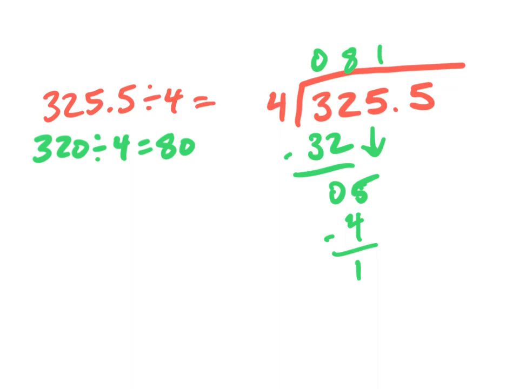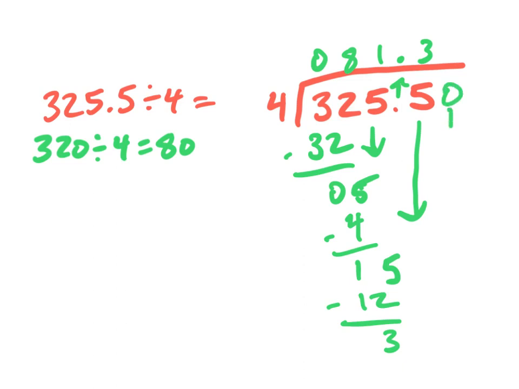I'm left with 1. Now it's super important that I float the decimal straight up before I bring down the 5. Now 4 goes into 15. Let's see, 4 times 3 is 12. I subtract, I'm left with 3, and then I can add a placeholder 0. There's an infinite number of placeholder zeros that I can bring down and make this 30. 4 goes into 30. Let's see, 4 times 7 is 28.